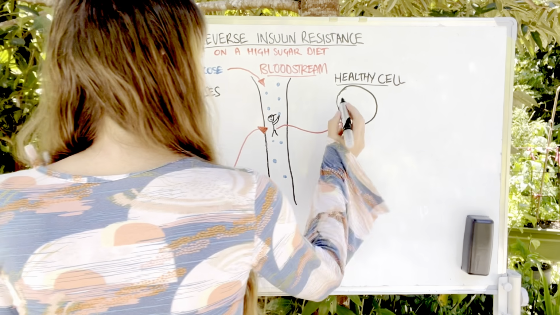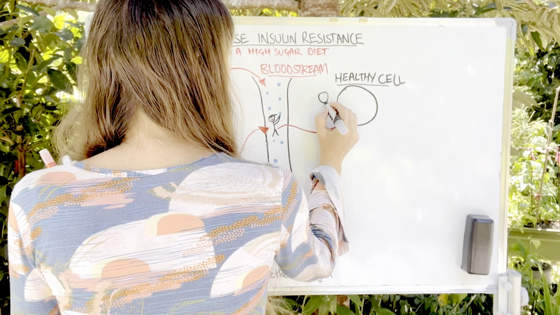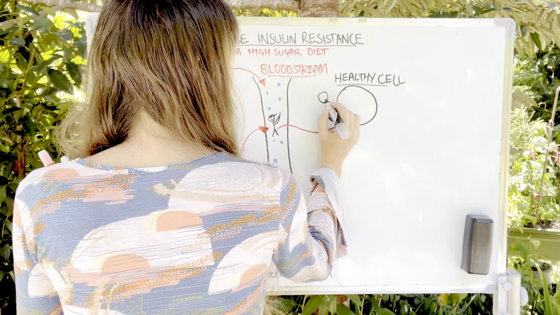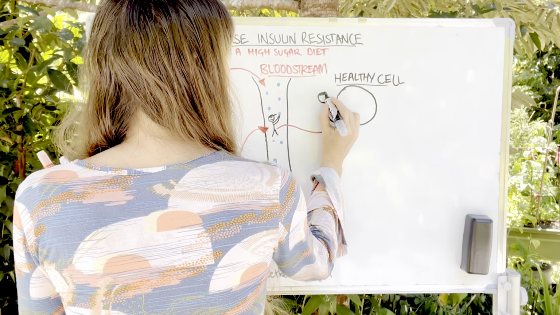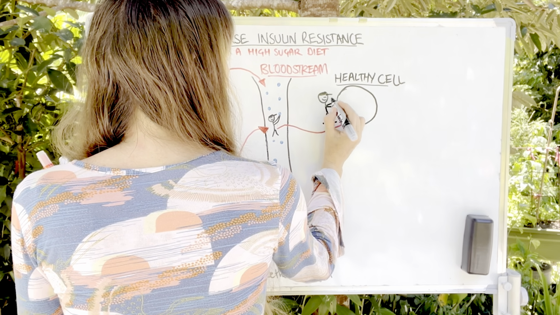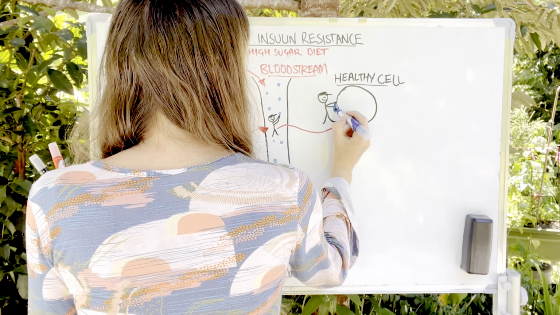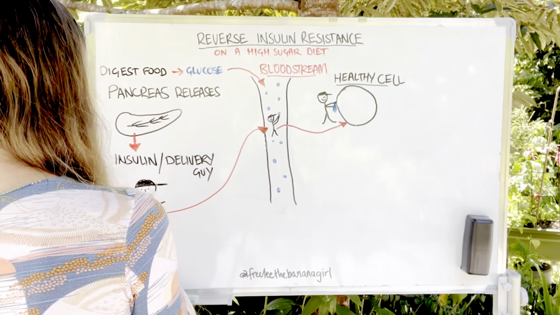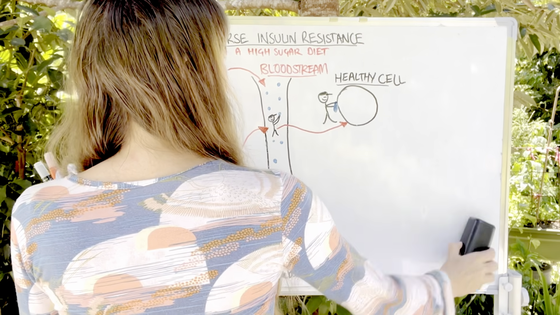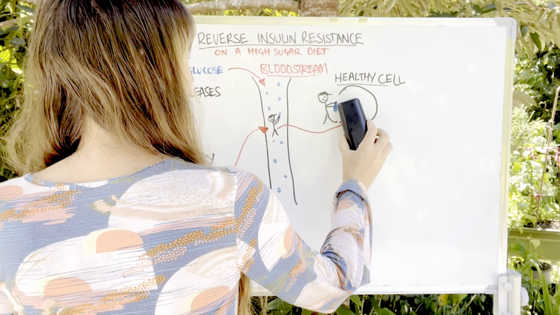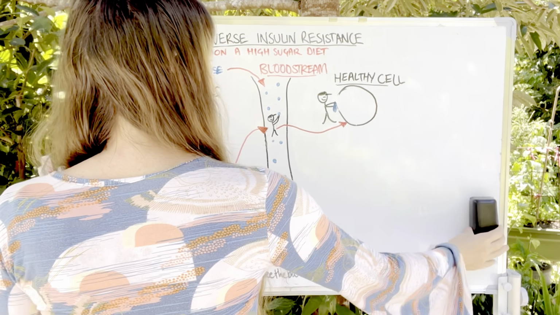Okay, so the delivery guy has the sugar and he's trying to give it to the cell. He's very excited. He's like, yeah, woo! I get to deliver a bag of sugar to the cell and light it up. And then what happens? He knocks on the door of the cell, and the cell door opens. The healthy cell door opens.